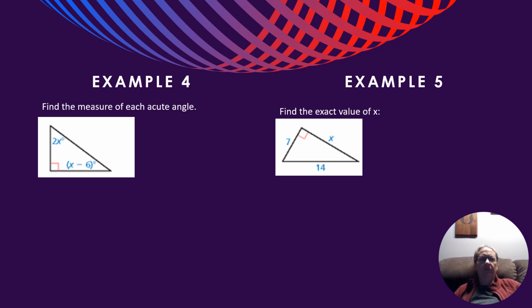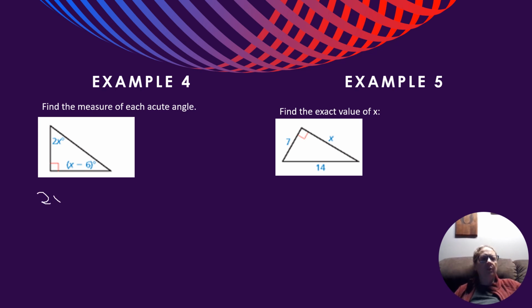All right, in example 4, it asks us to find the measure of the two acute angles in the right triangle. As you know, in all triangles, the three angles add to 180. So if we subtract the 90 that's sitting there from 180, the two that are left are going to add to 90. So that's how I'm going to set up my equation.